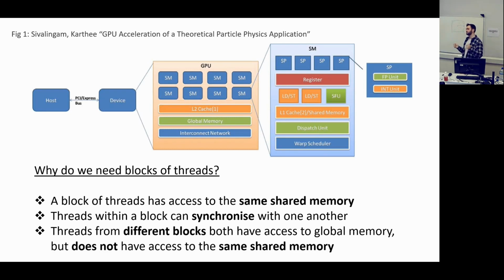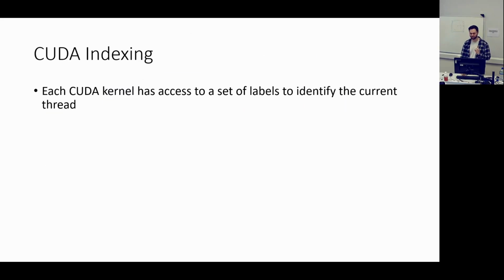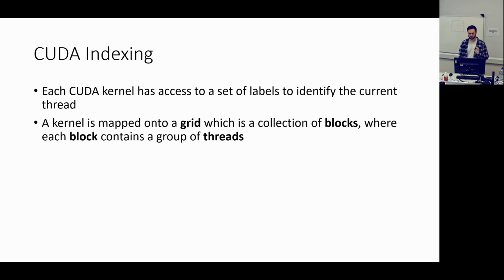But you can still communicate between the different streaming multiprocessors by using the global memory, and you can still synchronize between them, but it's slower because you have to stop everything instead of just locally stopping in one block. Hopefully that's clear, but we'll dive deeper and it'll make more sense.